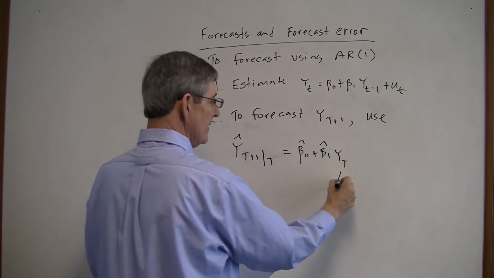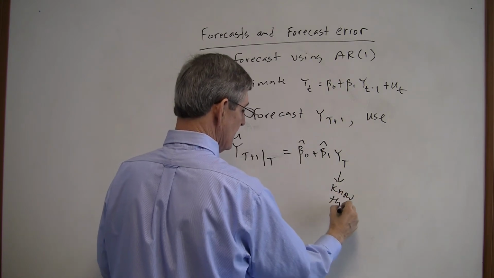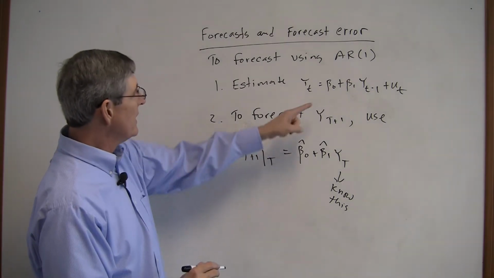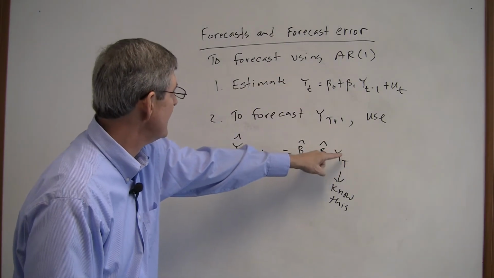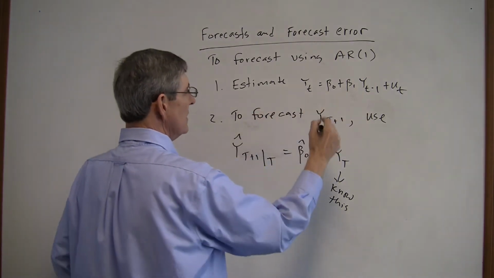No hat on yt. We know this. That's in our data set. That's the last y in our data set. We can estimate this through yt and then use it, because we could just forward this one period.